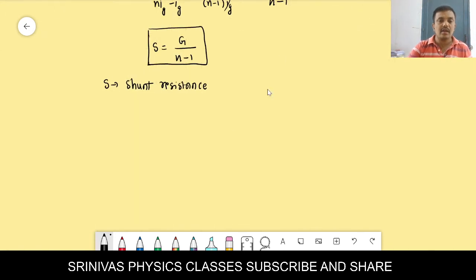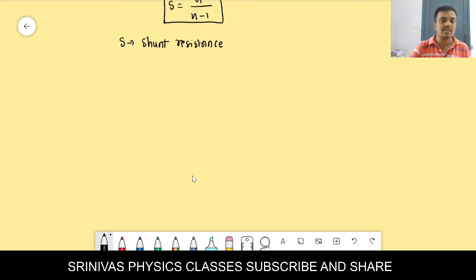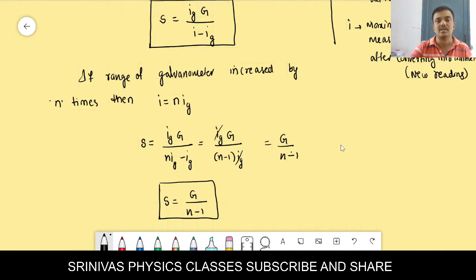This is an important derivation, and we will discuss some more points regarding this in the note. In the note, we will write some equation numbers here.